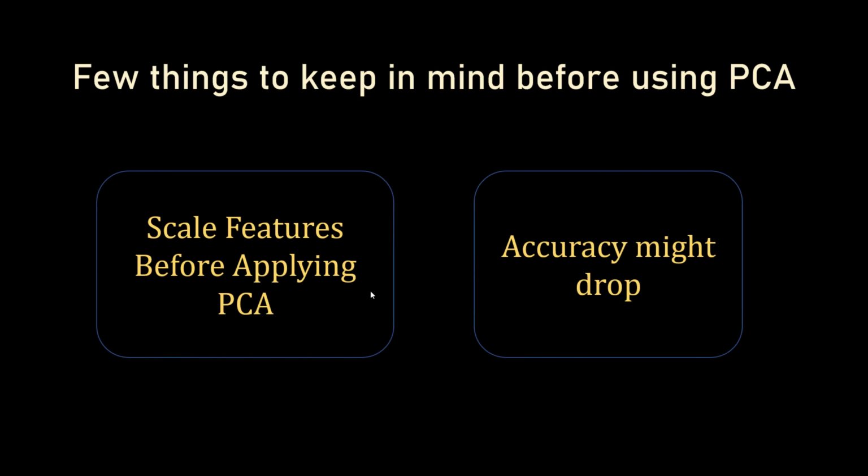Accuracy might drop. So it's a trade-off when you're trying to reduce. Let's say you have 100 features, and all 100 features are important and contribute to the target variable. If you reduce from 100 to 5, you're going to lose a lot of information. So we'll see all of that in the coding session.